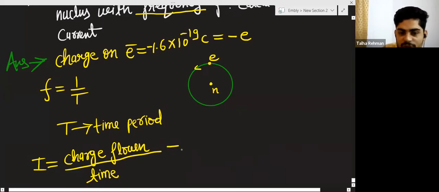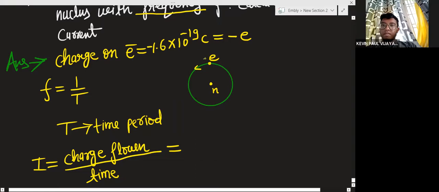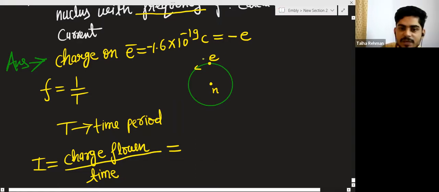So what is the charge flowing? Minus e charge is flowing. And in what time is it flowing? Time period, meaning the electron moves from here, to here, to here, and is again here. So we have the time as time period T.